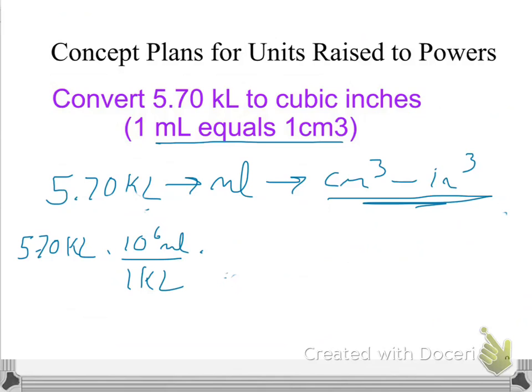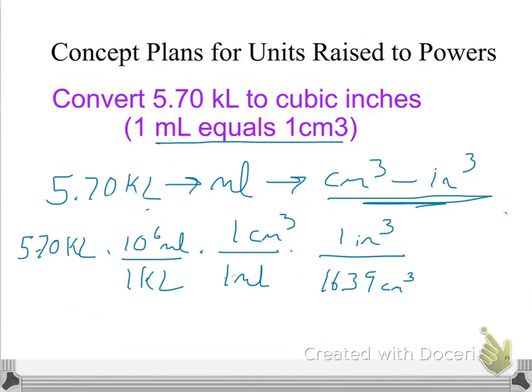And for every 1 milliliter, there's 1 centimeter cubed. And then for every 16.39 centimeters cubed, we've got 1 inch cubed. And you put that into your calculator, and hopefully you come up with something like 3.48 times 10 to the 5th inches cubed.